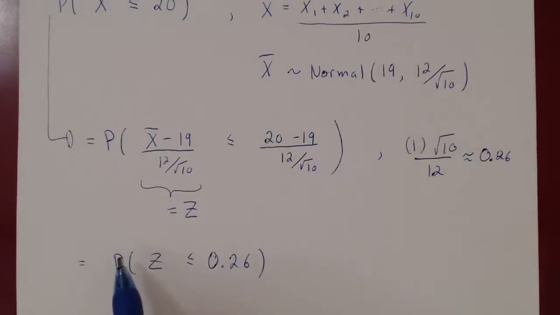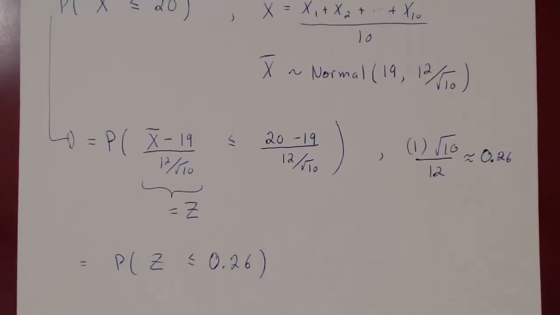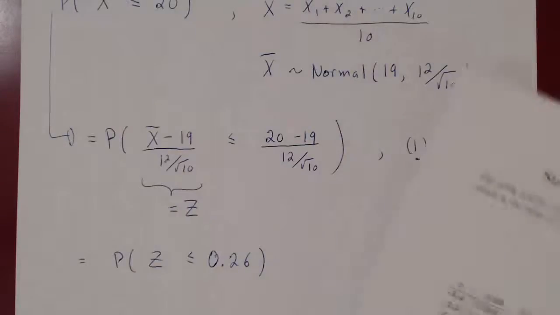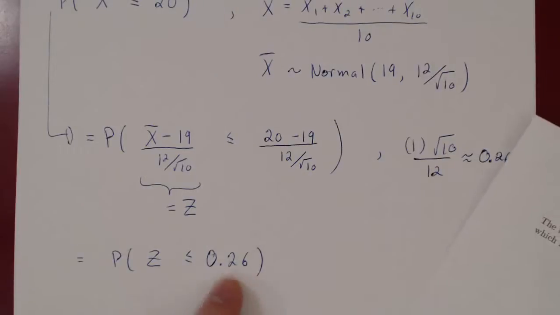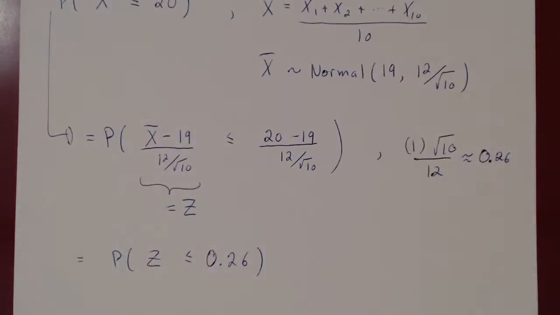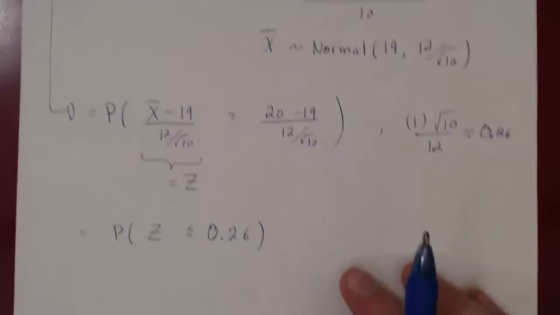We have the probability that z lies to the left of 0.26. We can read this directly from our table. Oh, sorry, we have a positive z-score, my bad.